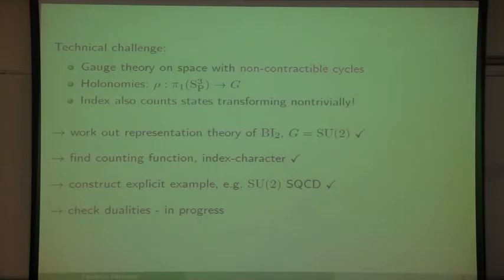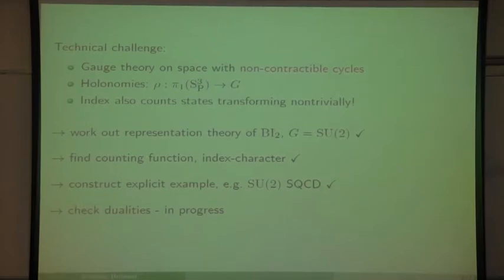Those are holonomies, which are representations of the fundamental group of this Poincare sphere in the gauge group. An index, which is something like a partition function, should also count those states. That's why we have to work out the representation theory of the binary icosahedral group, which coincides with the fundamental group of the Poincare homology sphere.